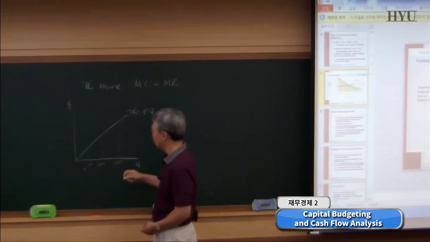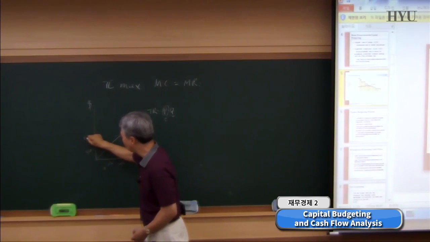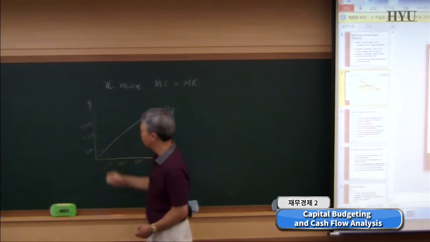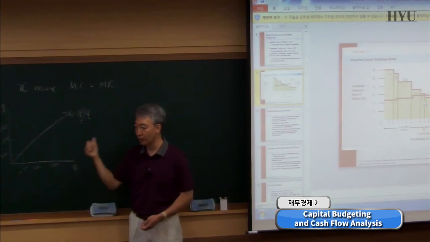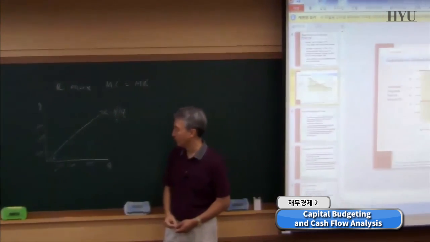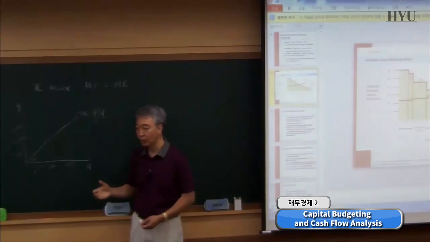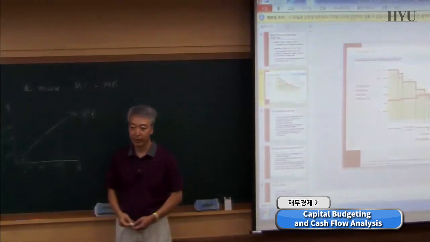If price happens to be 5, then this is 500, this is 1,000, and this is 1,500. You understand the total revenue curve; it's just a straight line. Apparently this slope is 5, because every time you sell one more unit, your revenue grows by 5. It's a very simple idea.